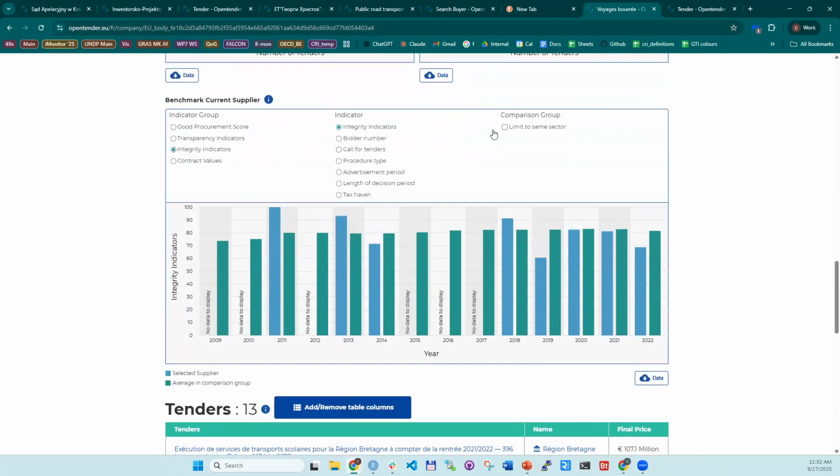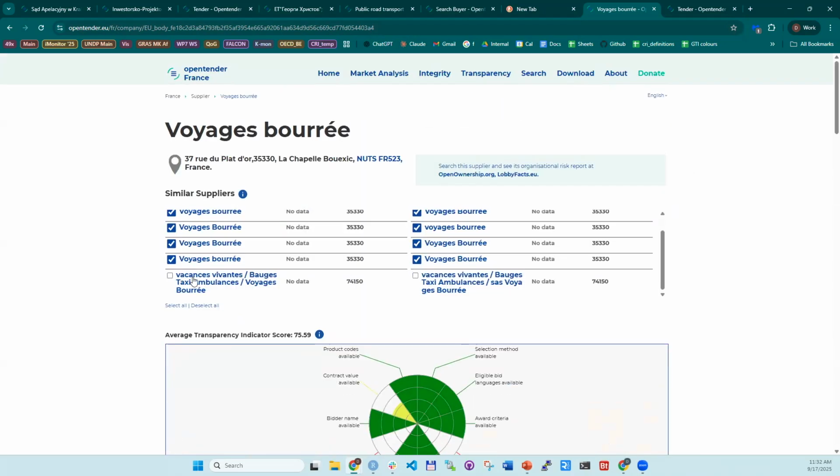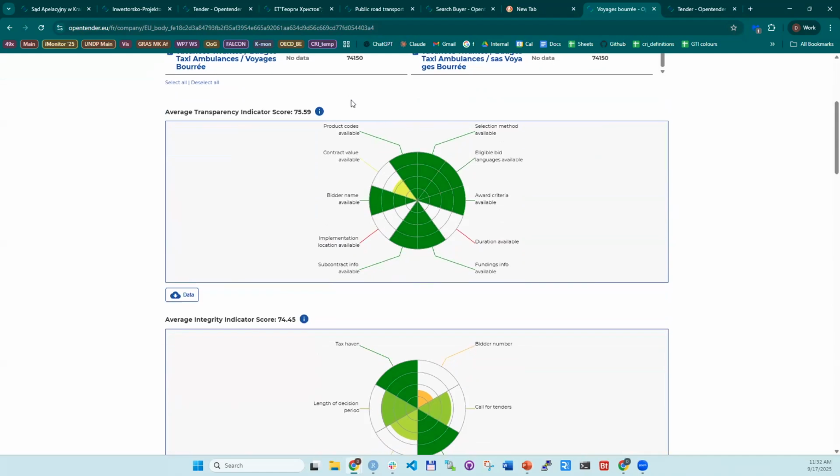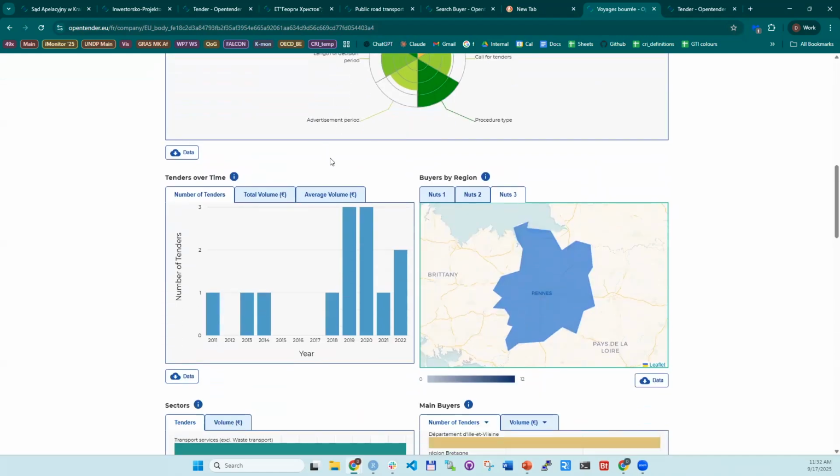And here you can benchmark it against all other companies. And sadly, I see that while it was very interesting to me at first glance, it might not be that interesting in the case of integrity as I hoped it would be. But of course, I can check whether adding these two back changes anything.